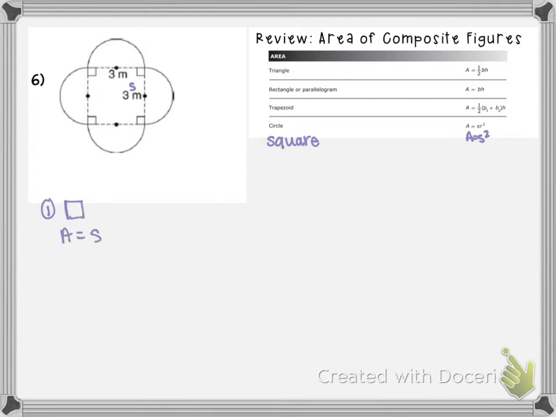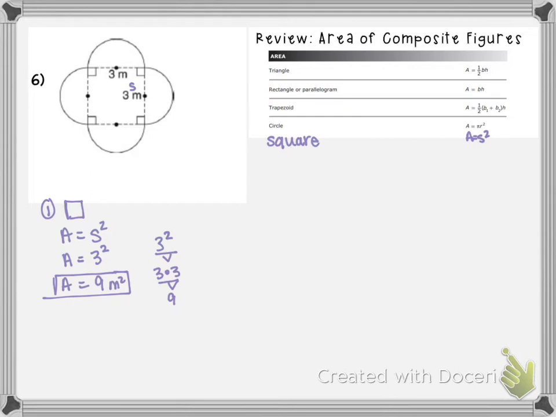Area equals s squared. So at this point, we're just plugging into our formula. And A equals our side length of 3 squared. Okay, what does 3 squared mean? If you said 3 times 3, you are right. If you said 3 times 2, that is incorrect. Area equals 9. Bam. Done with the squared inside.